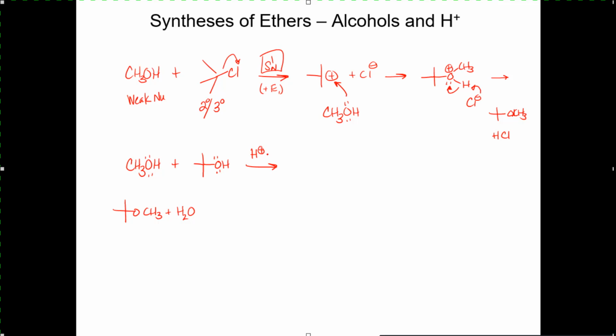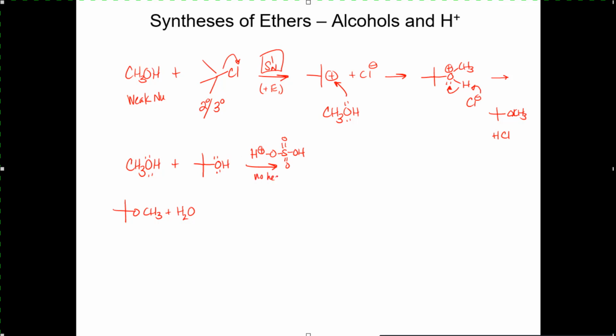So how about I use H plus that's attached to sulfuric acid, but then you're going to say, but isn't that going to do elimination? Isn't that going to do dehydration? And yeah, it might, but let's do this.